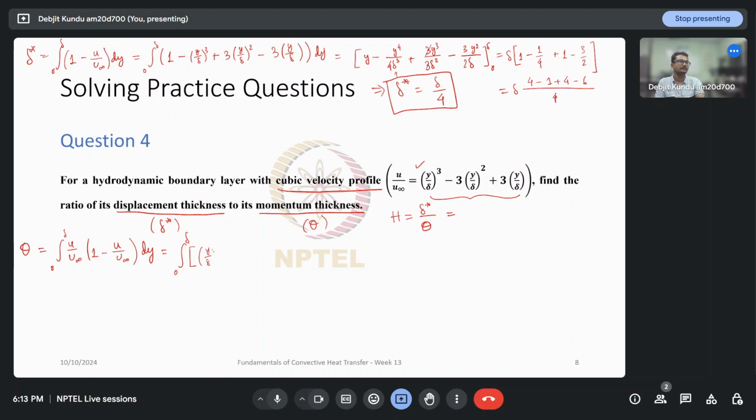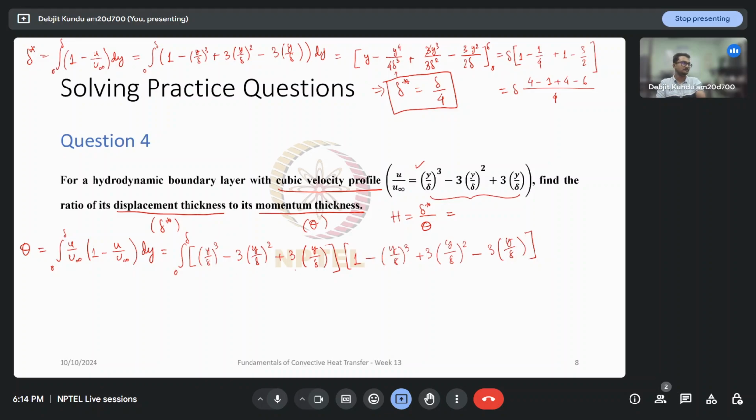So we have y by delta cubed minus 3 y by delta squared plus 3 y by delta. Then we will take a product with 1 minus y by delta cubed plus 3y by delta squared and minus 3y by delta. Now we will take a product of all these terms.